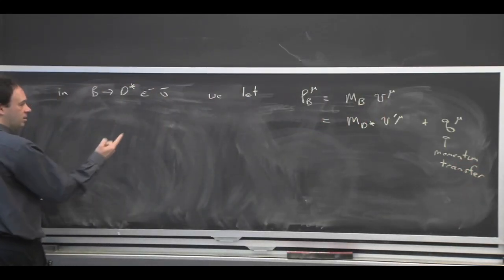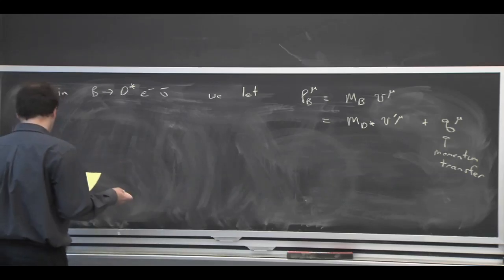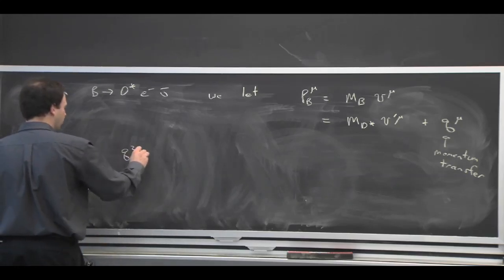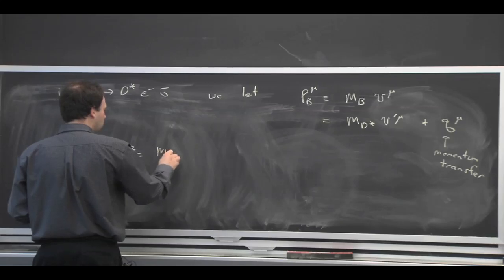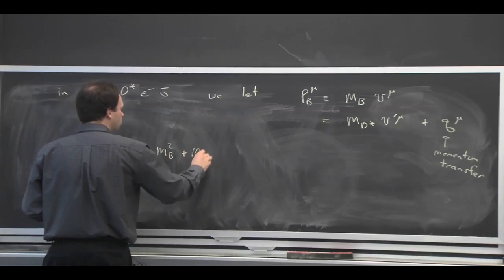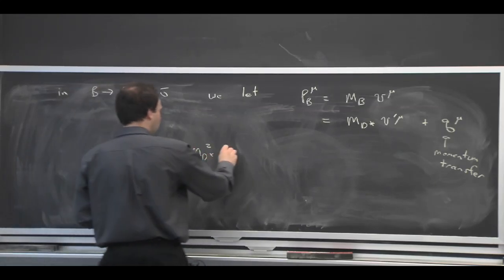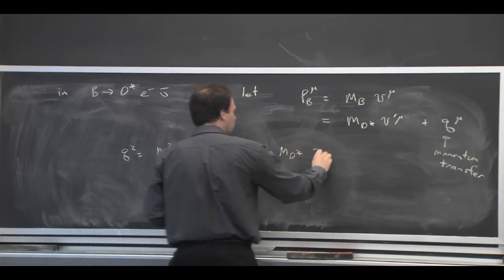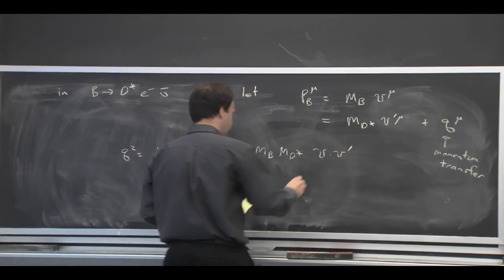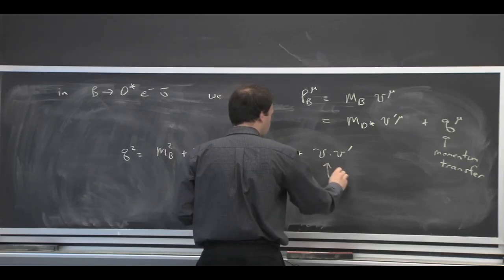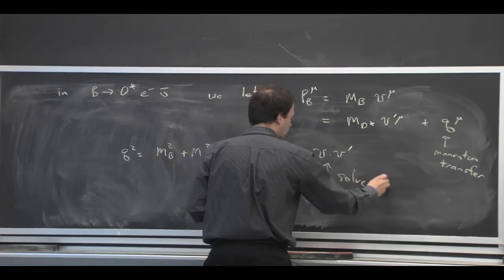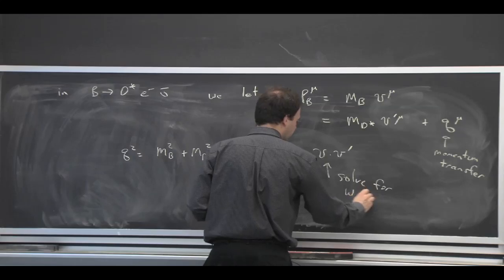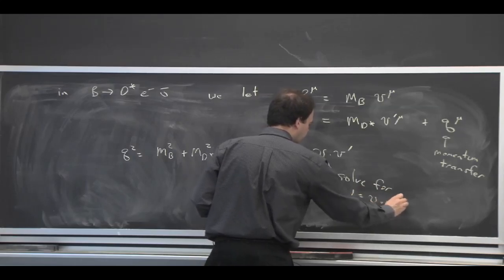So then we can just take this relation and we can square it, and we can get v dot v prime. So if you look at q squared, you can solve this for v dot v prime, and it's just fixed.